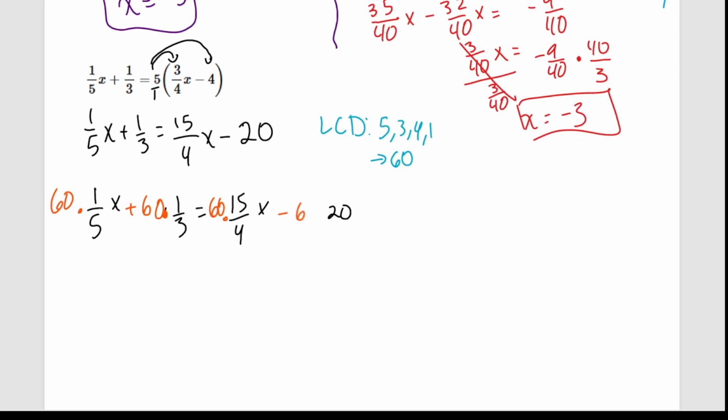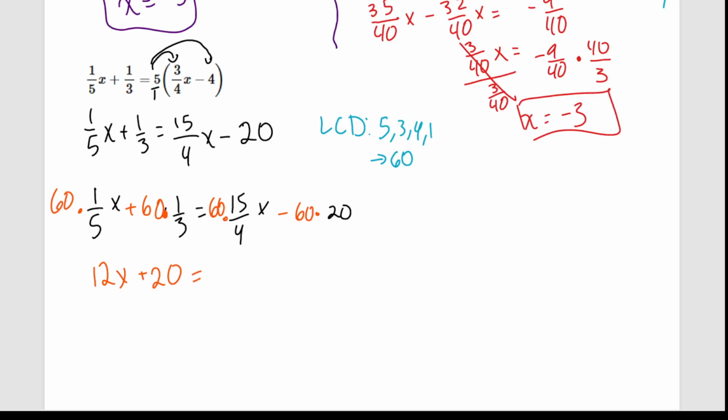So in this case, that would be 60. So 60 times 1/5 is the same thing as 60 divided by 5. That would leave us with a 12x. 60 times 1/3 is the same thing as 60 divided by 3. That would leave us with a plus 20.